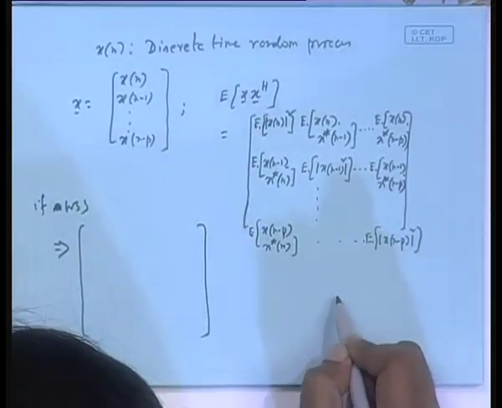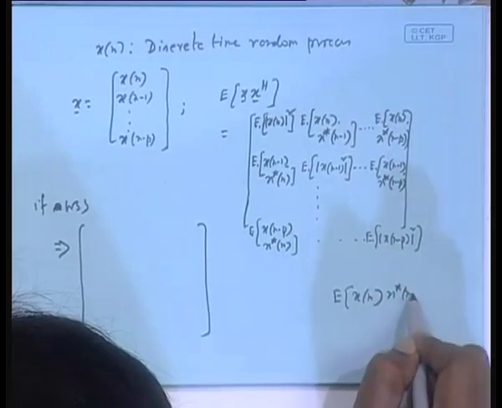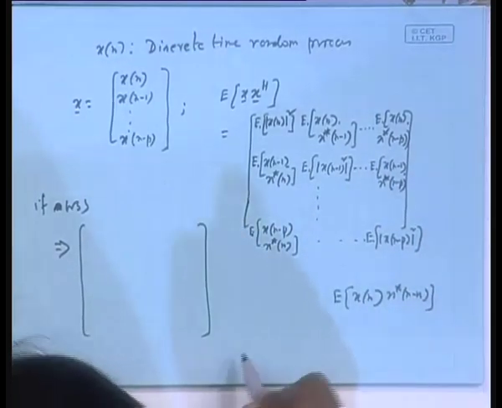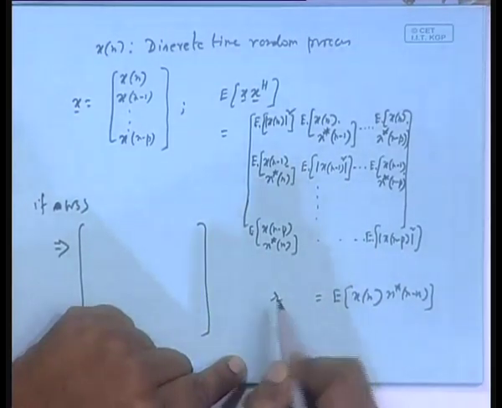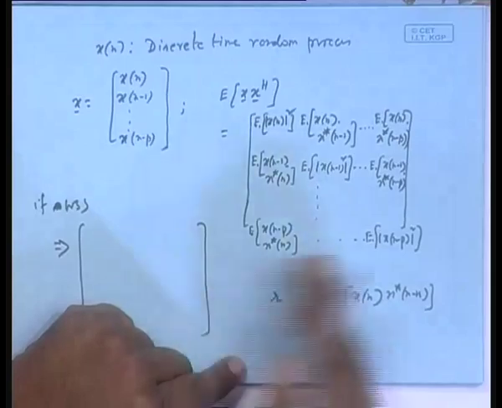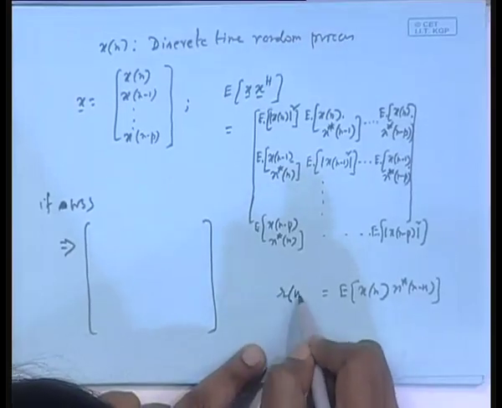I define E of xn x star n minus k, the correlation, equal to R, I should write Rxx, but for the time being I am dropping xx because I am handling only one random process, so you can easily understand what I am referring to. So this is Rk, this is the definition.